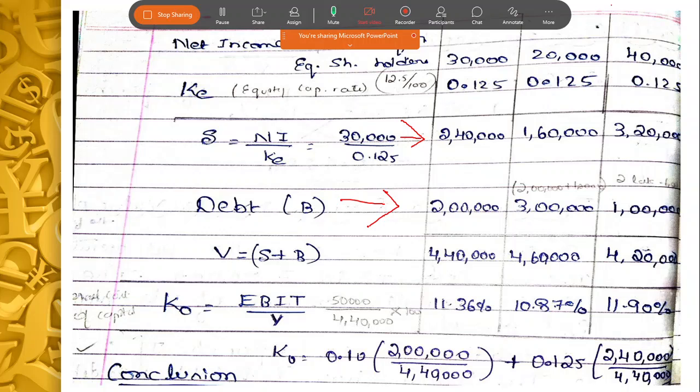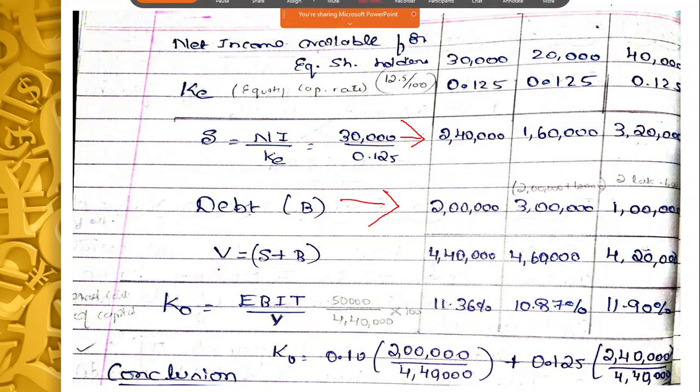Now, debt for the first scenario has been directly given to be 2 lakh, and for scenario 2, they have increased the debt. So, 2 lakh plus 1 lakh would be 3 lakh, and for scenario 3, they have reduced the debt. That is 2 lakh minus 1 lakh would be 1 lakh.